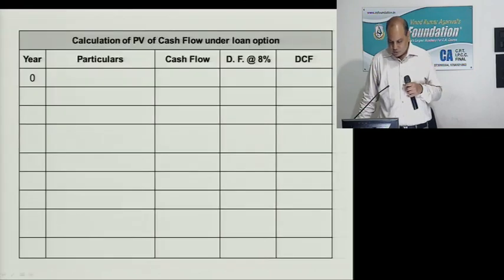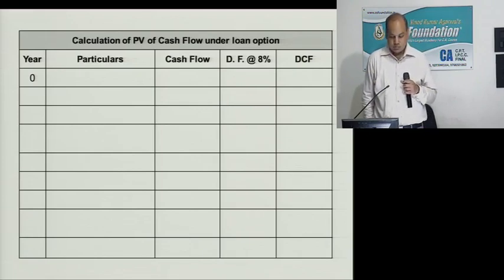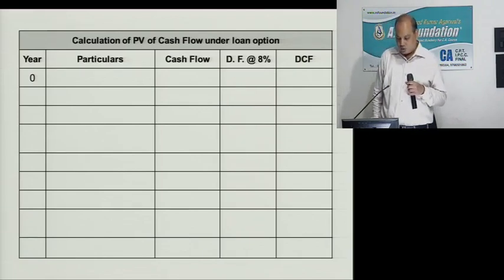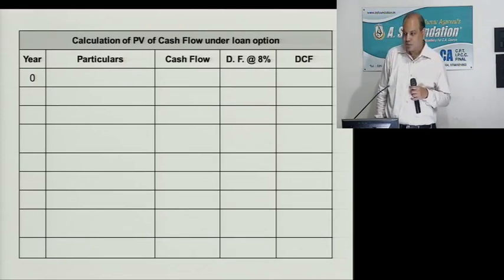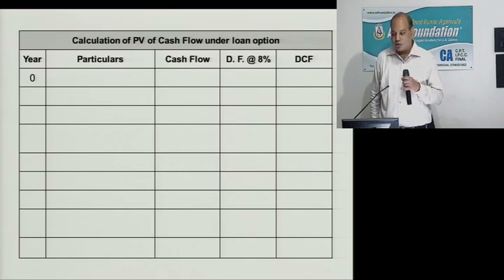Now write down option 2. What is option 2? Loan. Option 2, write down loan. Now next line, PV of cash flows under loan option.